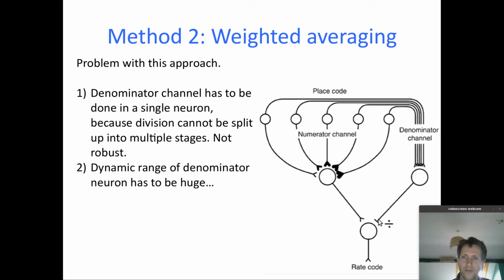It's a single division operation. It's also not clear how division really occurs with neurons. But there's a second problem, which is that the dynamic range of the denominator neuron, this one here, has to be huge, and I'm going to explain that in the next slide.